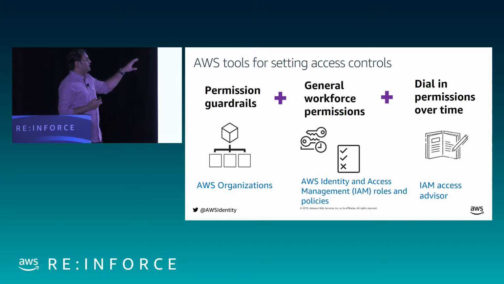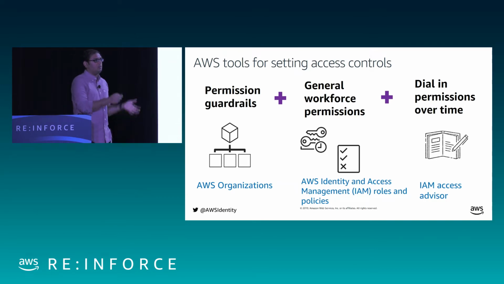When it comes to general workforce permissions, which I'm assuming you are a little more familiar with, this is creating IAM roles and policies and granting them to access resources in your account or across accounts. Finally, we have a tool called IAM Access Advisor that I'm going to demo and show you in more detail, which covers how you use the information provided by Access Advisor to dial in permissions over time.